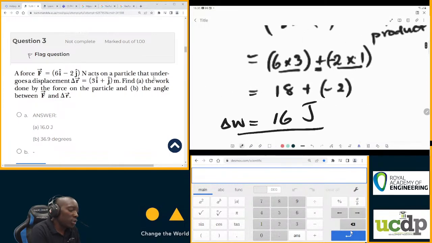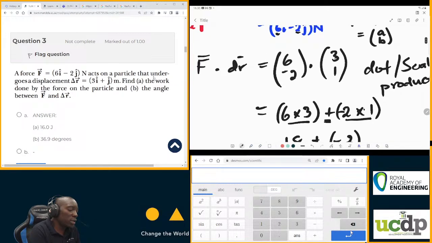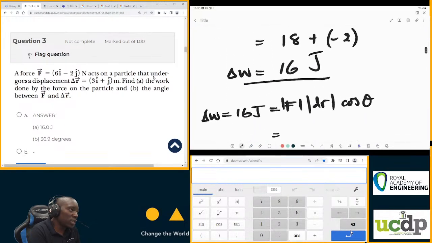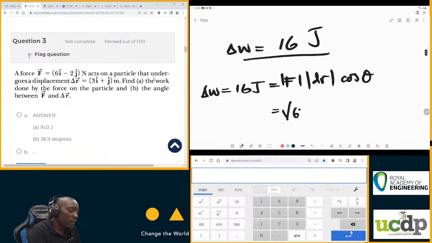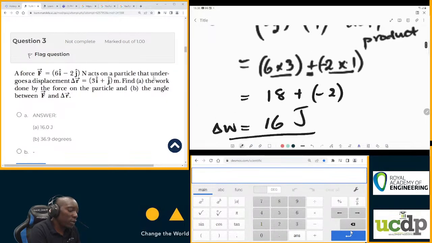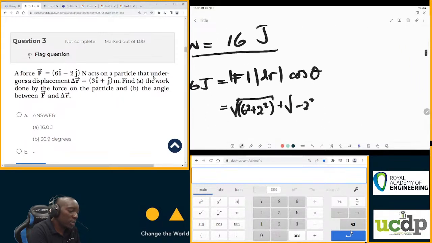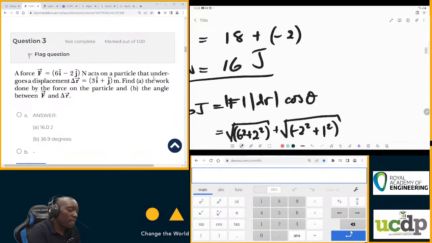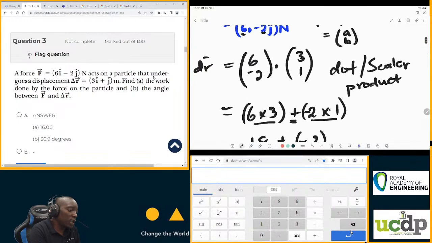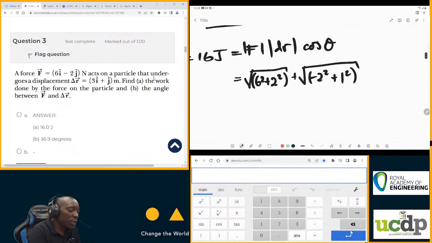And the magnitude of F is the root of 6 squared plus 2 squared, times the root of 3 squared plus 1 squared for the dr vector, and cos theta, the angle between them.